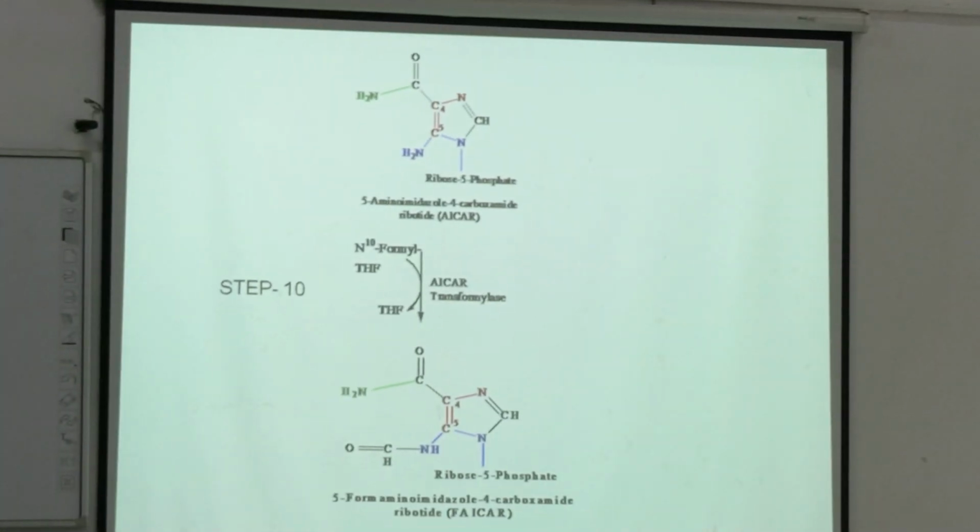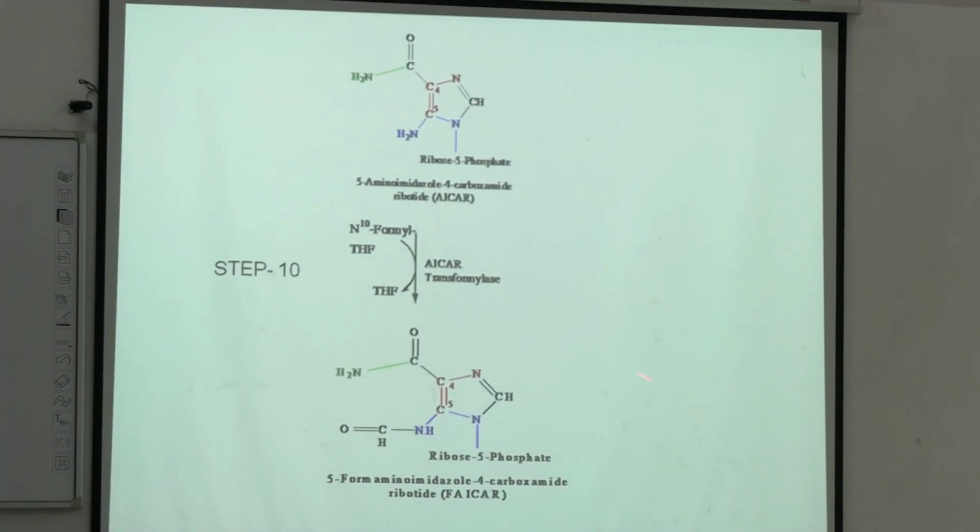The last but one step, another N10 formyl THF is required, which donates a formate group here, to form ribose 5-phosphate attached with one imidazole ring, which has got one formamino imidazole 4-carboxamide ribotide. Formamino imidazole 4-carboxamide ribotide. This whole thing.